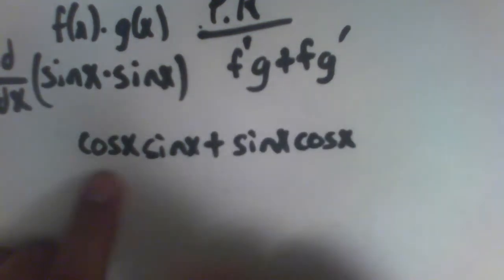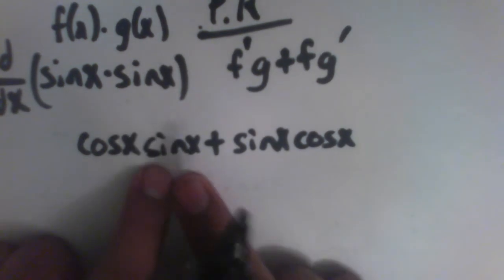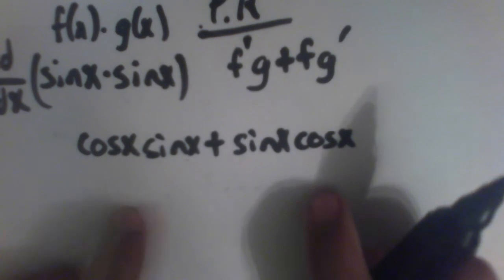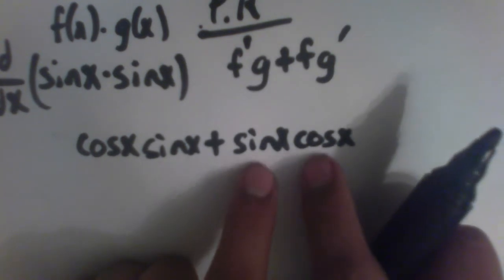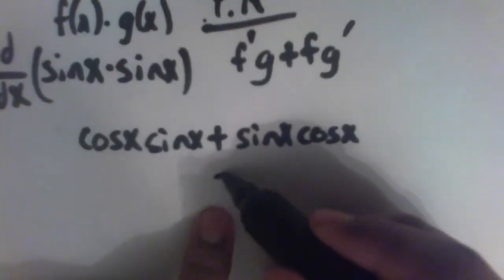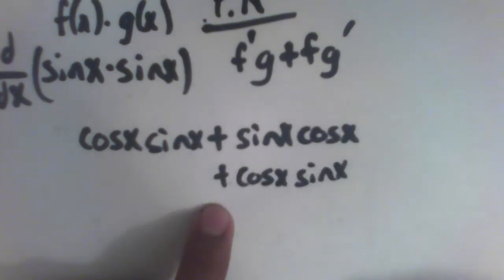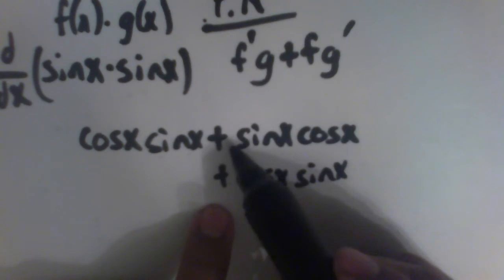So now we have cosine of x times sine of x plus sine of x times cosine of x. Since it's multiplication, I can actually just switch these two around and say it's plus cosine of x sine of x. So this part right here becomes this.